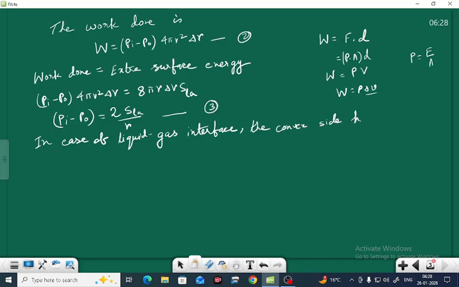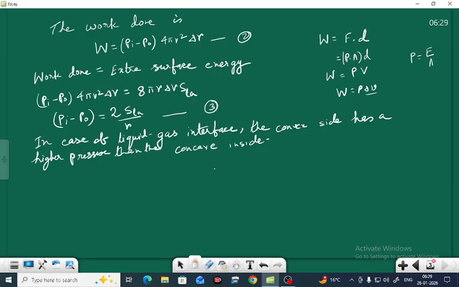So we get it here that the convex side has higher pressure than the concave side.